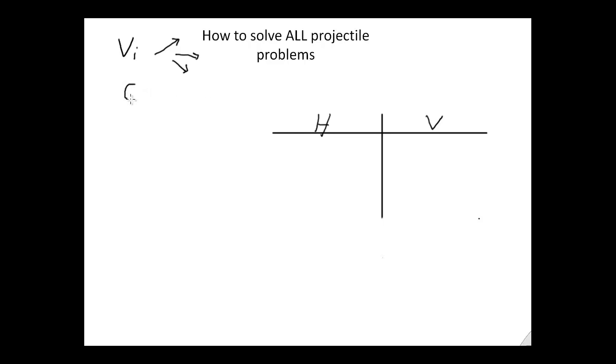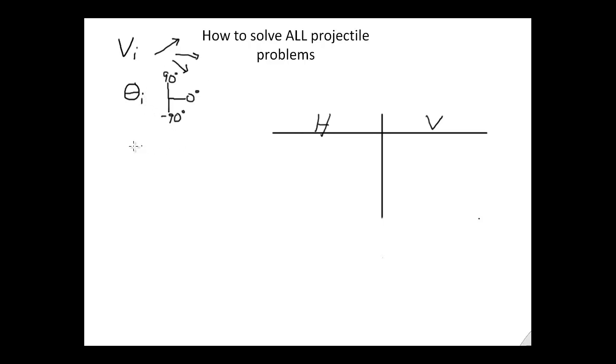Every projectile is going to start off with some initial angle, and typically that angle is going to fall somewhere between 90 degrees, 0 degrees, or negative 90 degrees. So this arrow would be something between 0 and 90, this would be 0, and this would be a negative angle. Every projectile has an initial velocity and an initial angle.